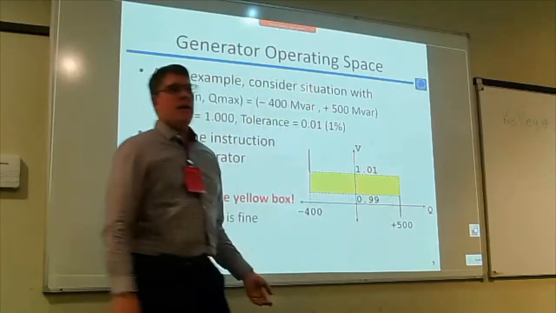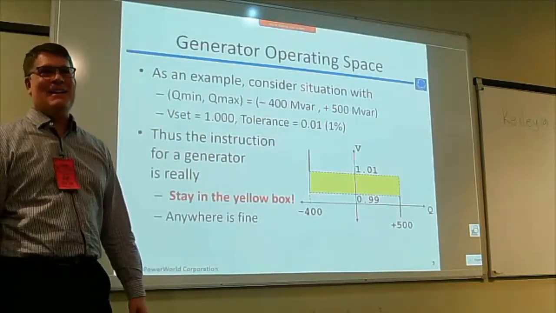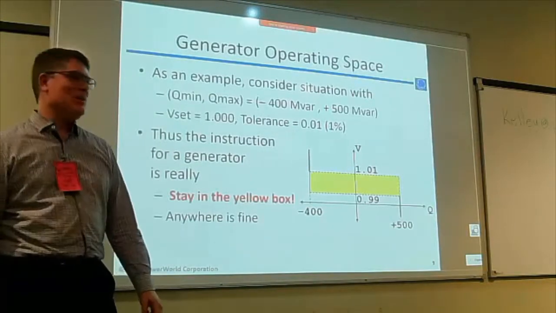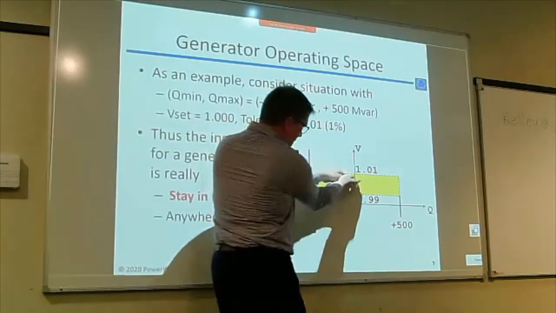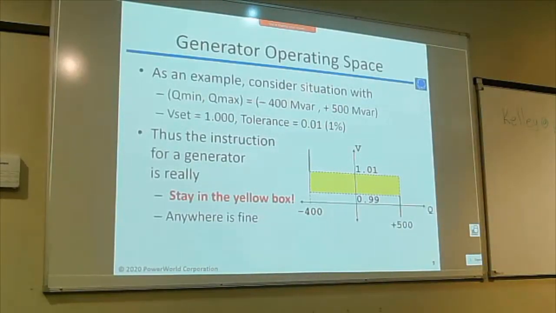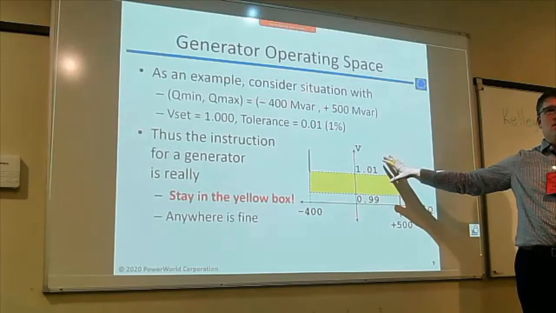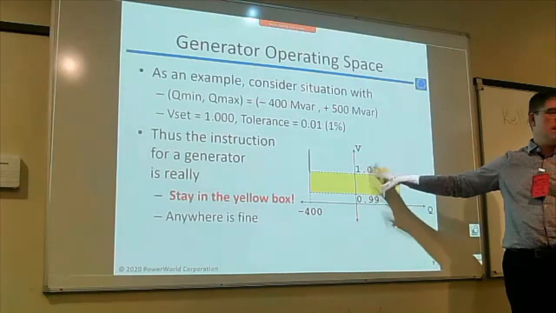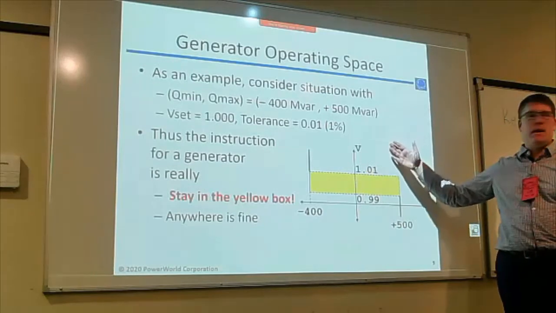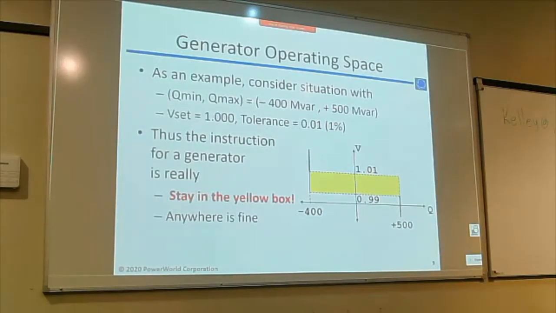It depends who's working that day. Some guys are more attentive, trying to stay in the middle of the box, and some guys don't care that much. So essentially what I'm proposing to put in a power flow is to model this human behavior of staying in the yellow box, with the side effect that it's going to fix the problem we had of generators always being at limits so much.